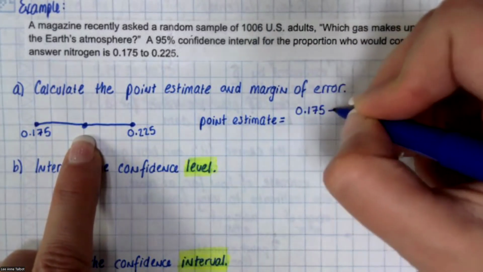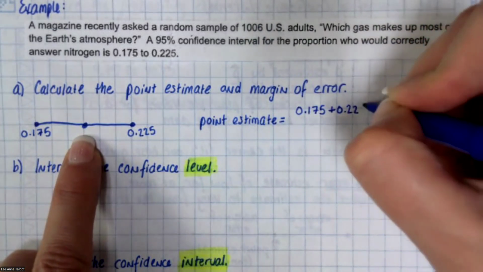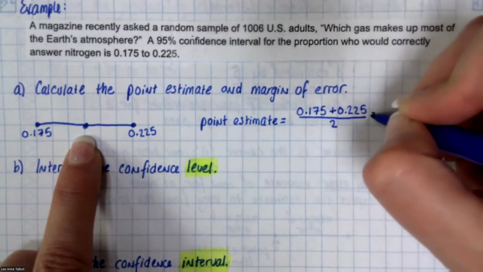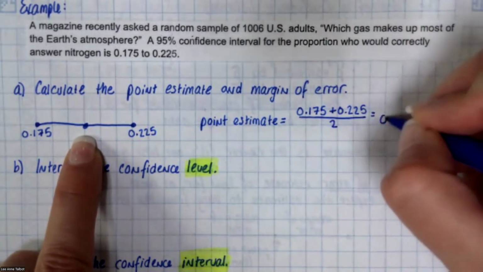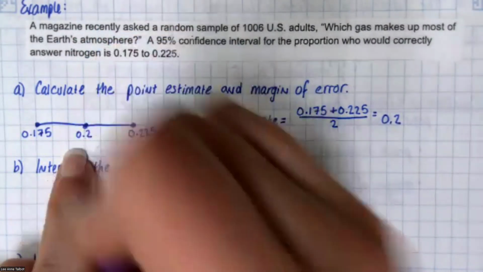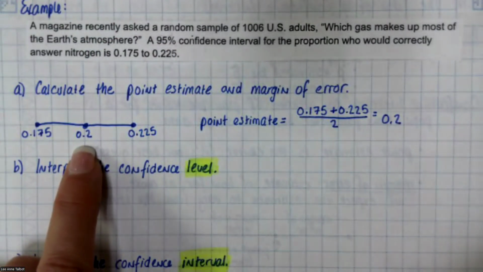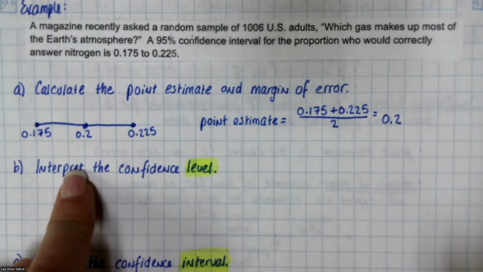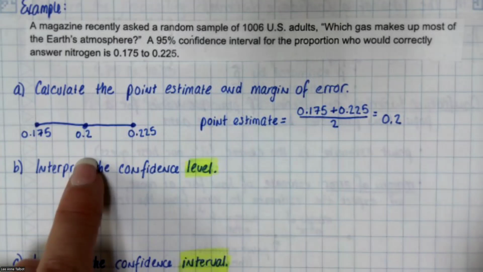Some advanced mathematics here. Okay. Does everyone understand how to find the point estimate?